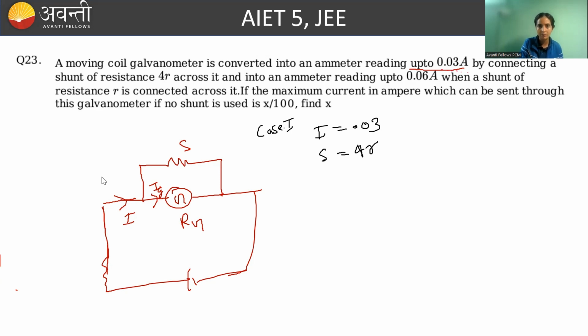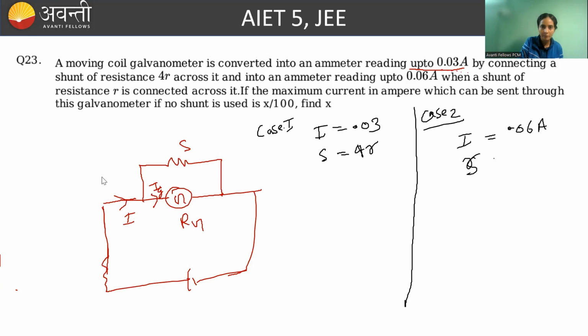RG is not given. Now, in the second case, it is said that it is converted into an ammeter reading up to 0.06 ampere when a shunt of resistance R is connected. So in case 2, what is happening? The capacity of the ammeter, that is I, is 0.06 ampere when the shunt resistance connected is equal to R. Done.